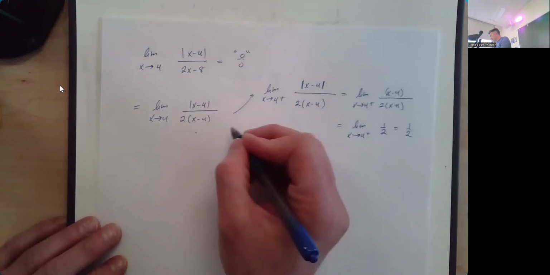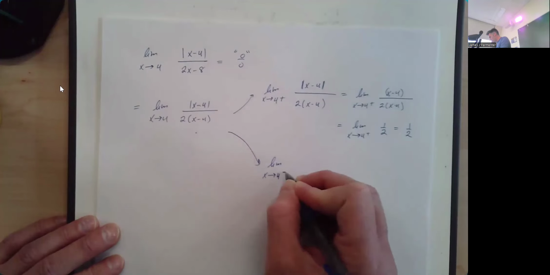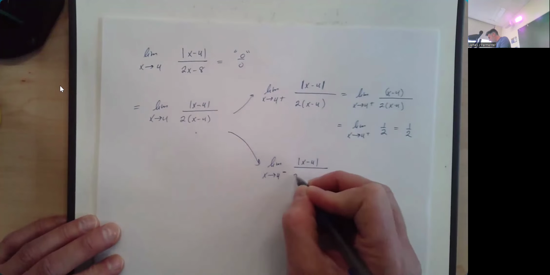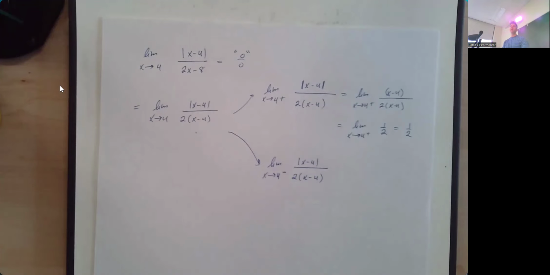On the other side of 4, on the left side of 4, now x minus 4 isn't positive. x minus 4 is negative, if x is less than 4, which it is in this limit. What do you do with the absolute value of a negative number? I know the absolute value of -5 is 5, but how do I turn -5 into 5? You don't just drop the minus sign.